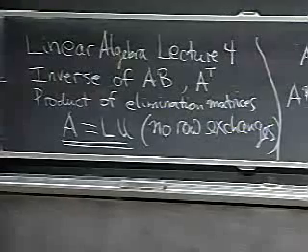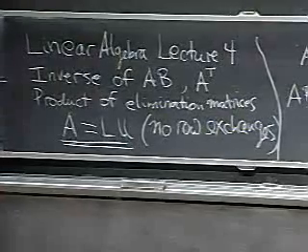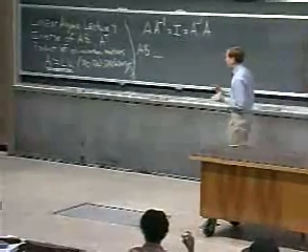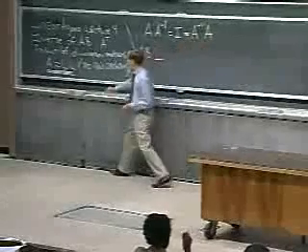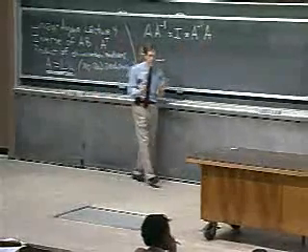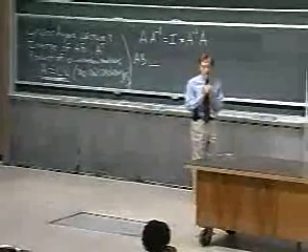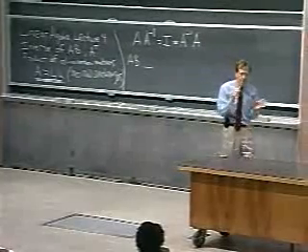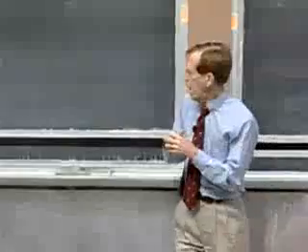We know that we get from A to U by elimination. We know the steps, but now we get the right way to look at it, A equals LU. So that's the high point for today. Okay, can I take the easy part, the first step first?